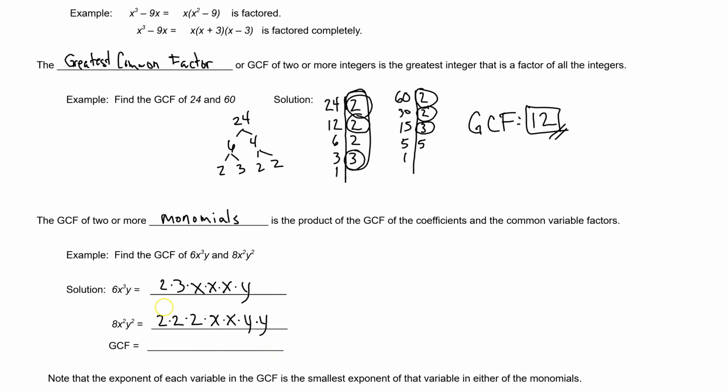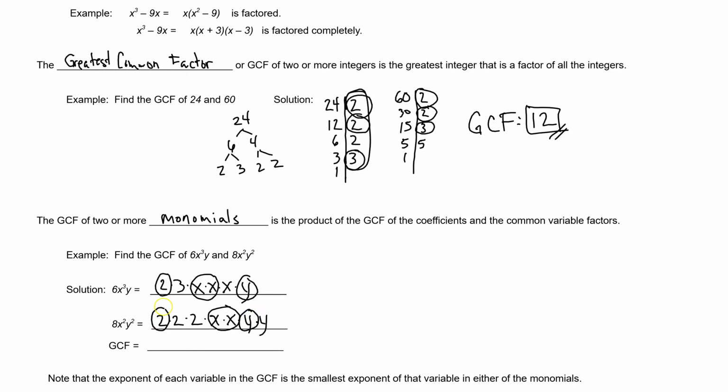And then we circle the ones they have in common. They have 2 in common, and they have 2 x's in common, and they have 1 y in common.